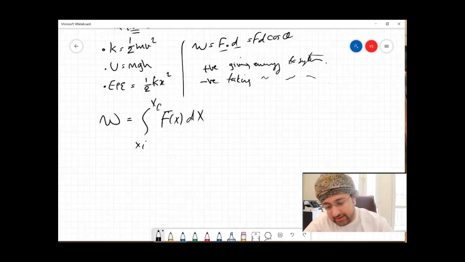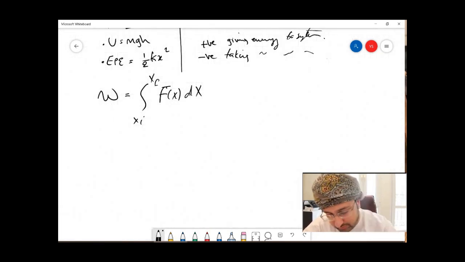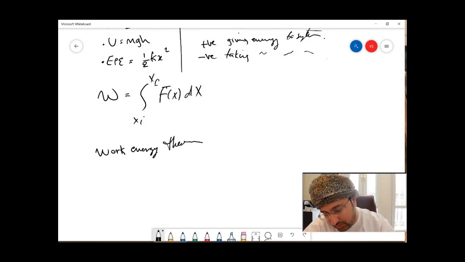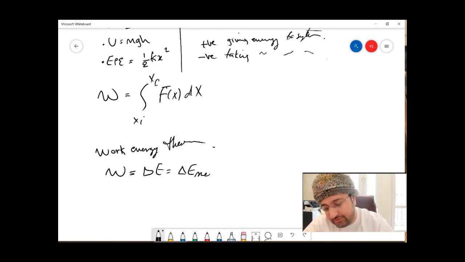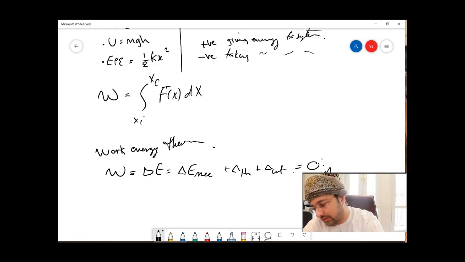And finally, we said the idea of the work energy theorem to be that the work equals the change in energy, which is the collective change in energy of everything in that system, and we said this is equal to 0 if isolated.